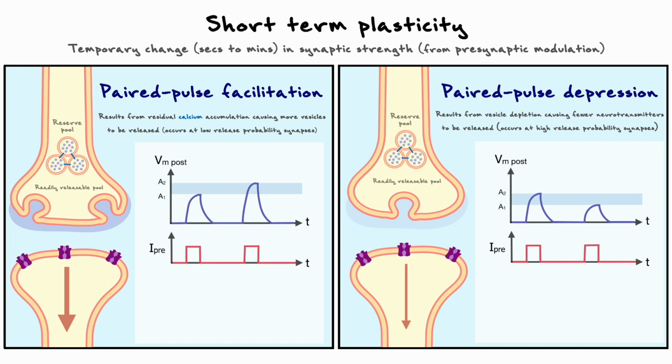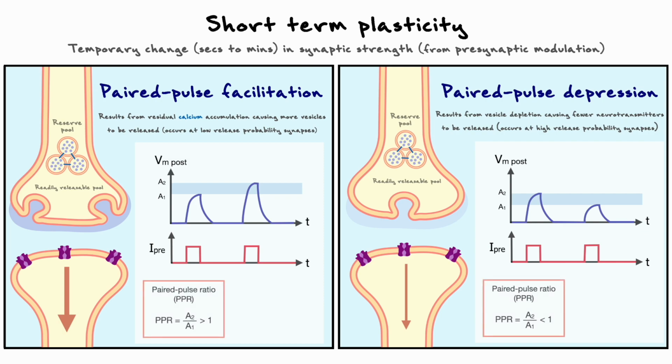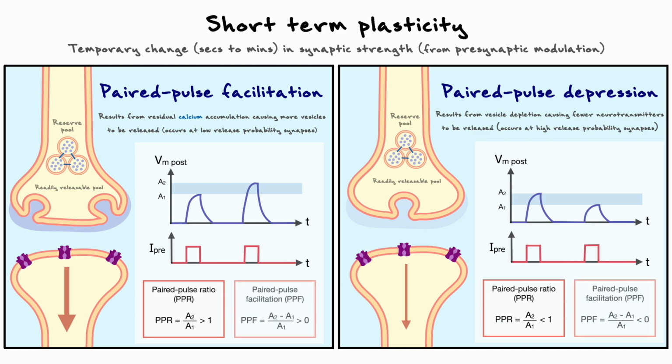In mathematical terms, we can quantify the amount of paired pulse facilitation or paired pulse depression from the paired pulse ratio and paired pulse facilitation metrics. In the paired pulse ratio, we take the ratio of the second amplitude over the first. In cases of facilitation, the ratio will be above 1, and in cases of depression, the ratio will be below 1.